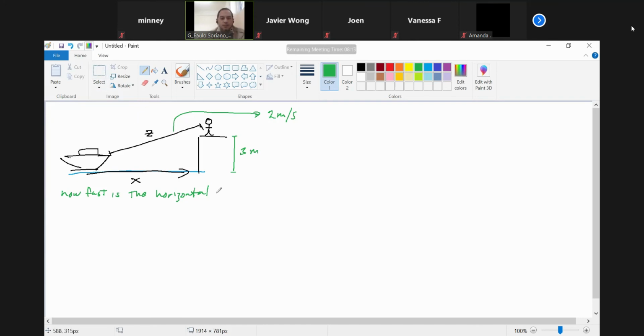How fast is the horizontal movement of the boat at 4 meters away from the pier? So that means when we reach the certain distance 4 meters away from the pier, how fast now is the boat moving?